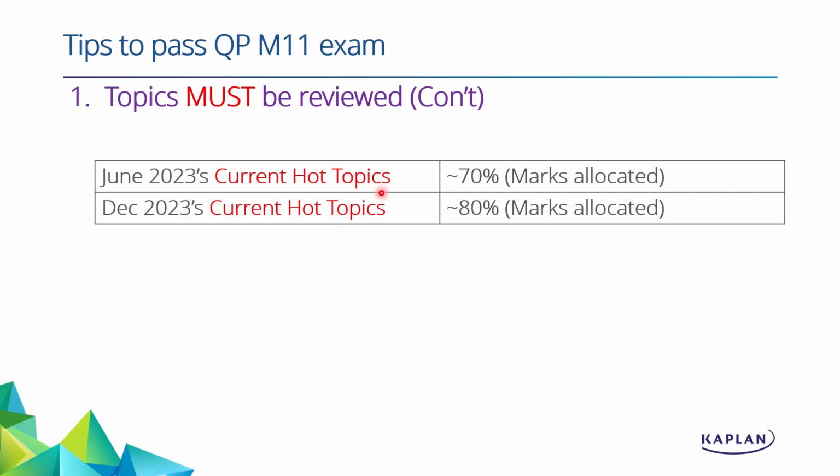And I did an analysis regarding the marks allocated to the current hot topics. For the June 2023 diet, around 70% of the marks were allocated to current hot topics. And for the December 2023 diet of examination, it was even higher, with 80% of the marks allocated to current hot topics. So you can see that the current hot topics are very useful when you prepare for your examination. So I suggest you must study the topics included under the current hot topics. This is my advice.